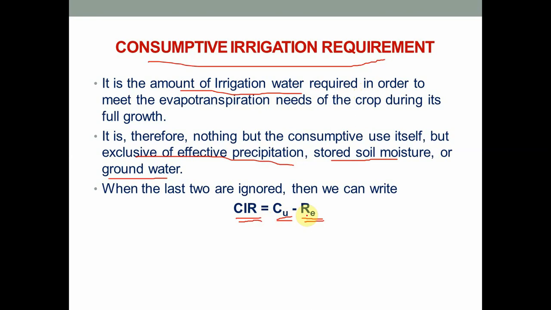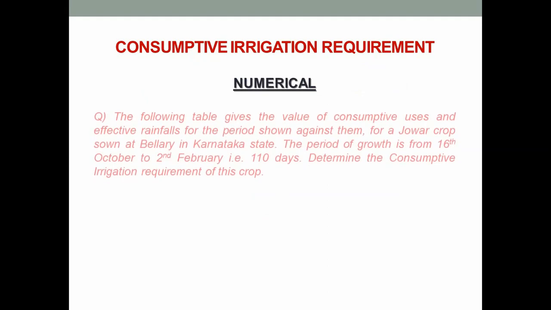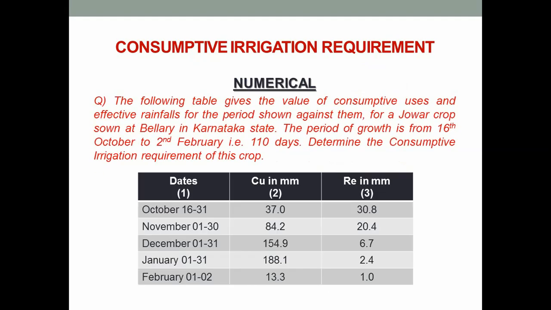Okay, now we'll see a problem on consumptive irrigation requirement. The following table gives the value of consumptive use and effective rainfall for the period shown against them for a jawar crop sown at Bellary in Karnataka state.